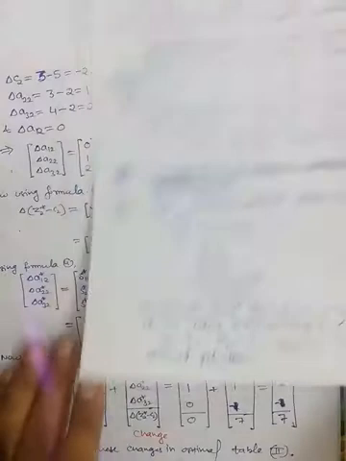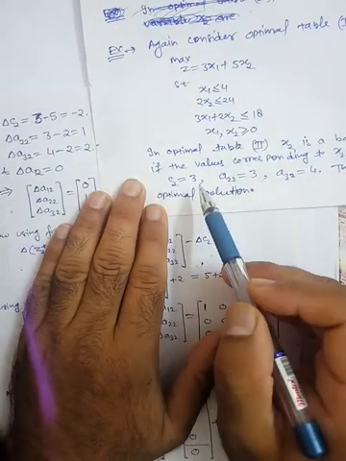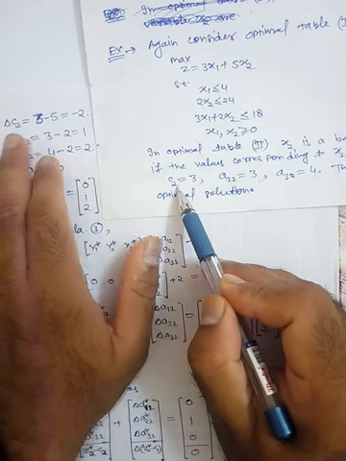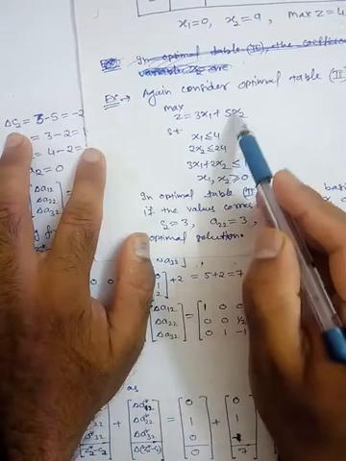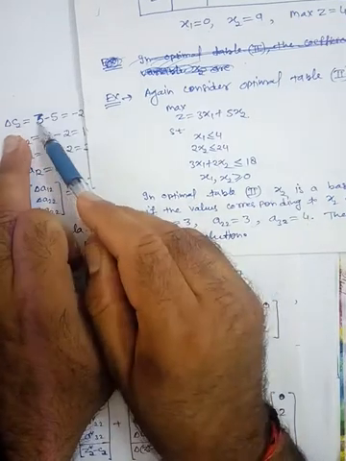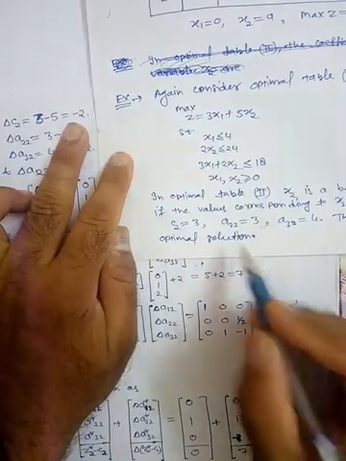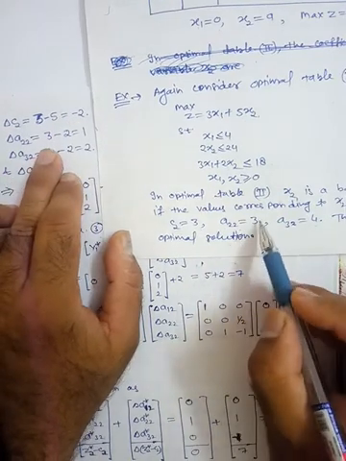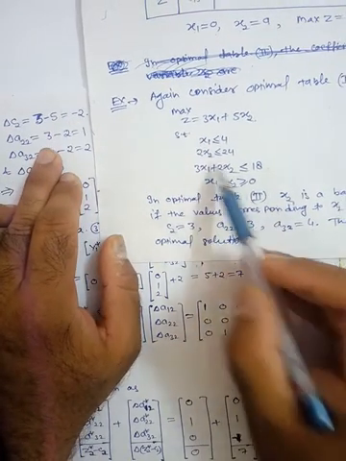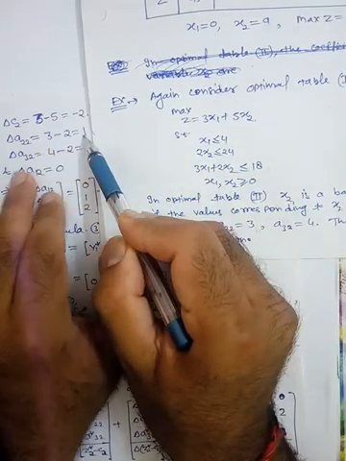So let's see. First we are finding the changes. So delta C2, new value is 3, old value is 5, so the difference is 3 minus 5 is equal to minus 2. Similarly, delta A22, new value is 3, old value is 2, so 3 minus 2 is 1.